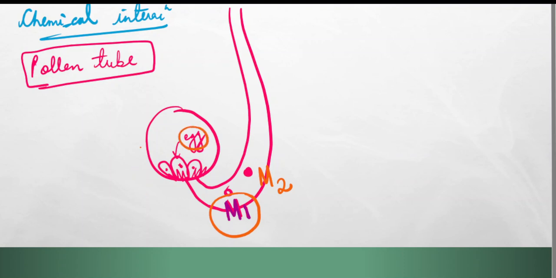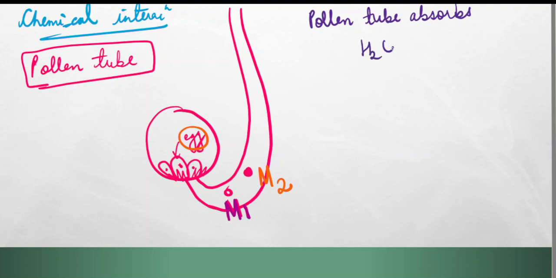Okay, before the fusion, the pollen tube must burst, right? Before the fusion, the pollen tube must burst. Meaning the male gametes should come out of the pollen tube. So here what is happening? The pollen tube absorbs water, H2O, from the synergids. Whatever fluid it got, it absorbed. Okay, from the synergids.